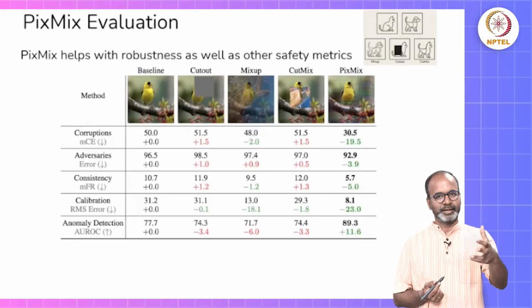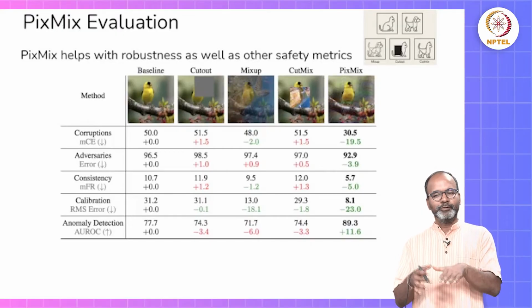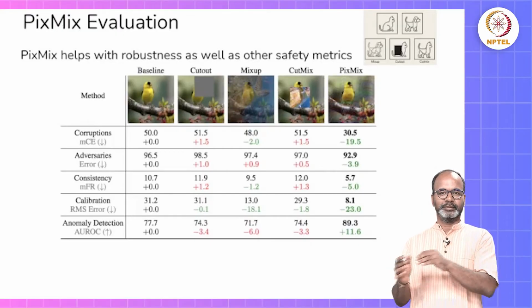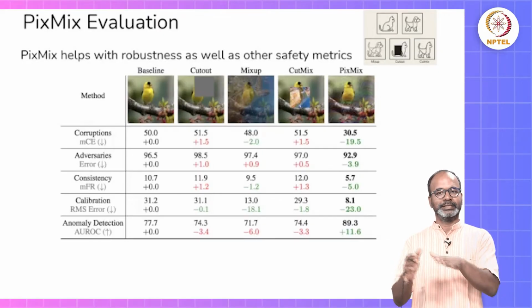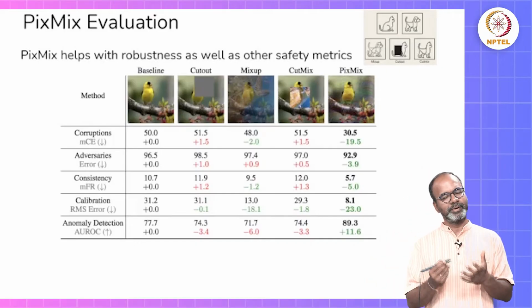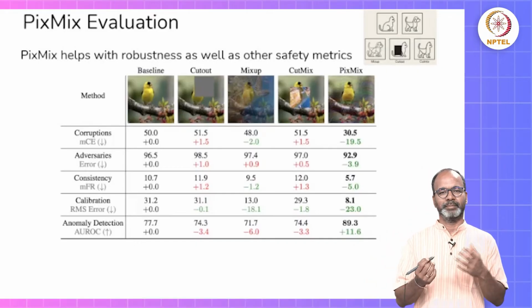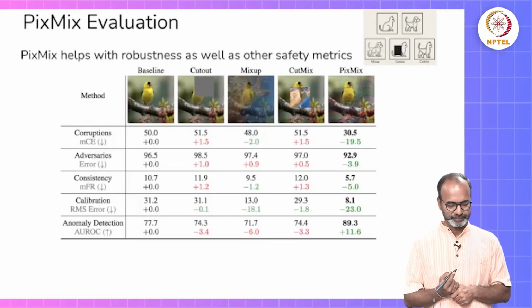A metric that we use to measure robustness should increase. Hopefully the accuracy and other metrics will stay as is, or not all methods have stayed as is, but it can have a small effect on the accuracy, but the safety should increase.